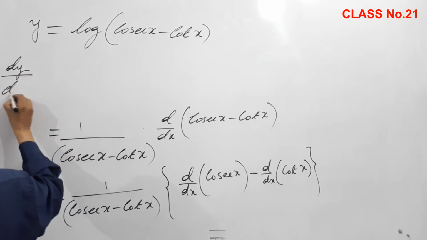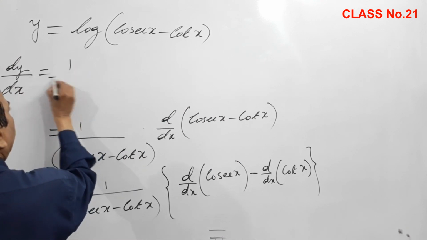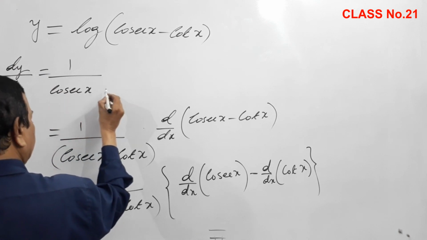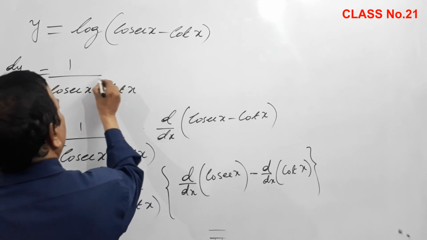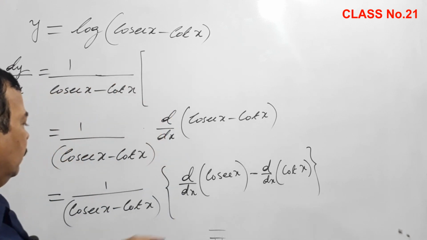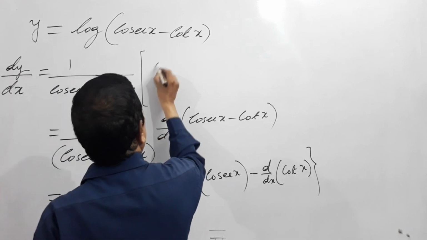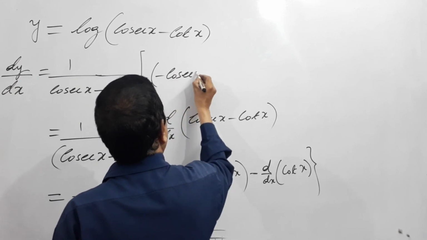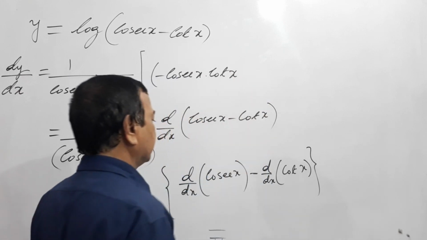dy by dx equals 1 by cosecant x minus cot x. So I have written this: d by dx of cosecant x is what? Minus cosecant x into cot x.